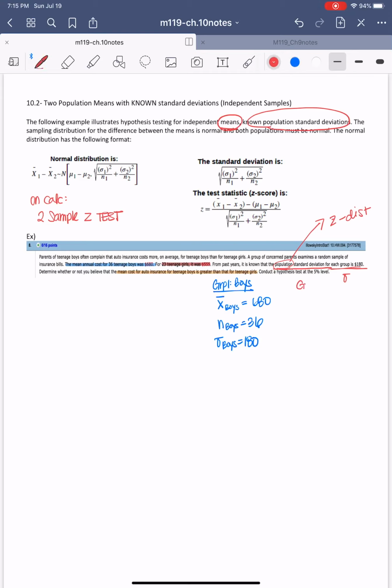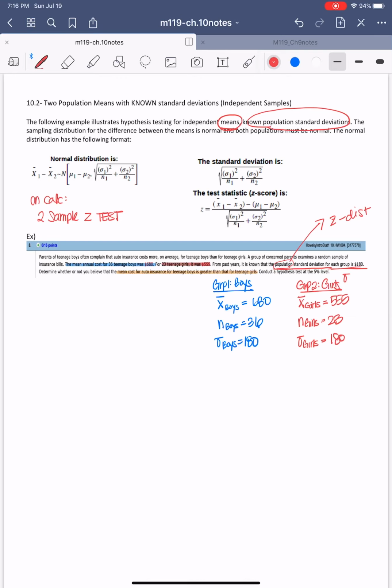Group 2, girls. X bar for girls, we have 555. Sample size for the girls, 23 teenage girls, and the standard deviation for the girls group is the same, 180.